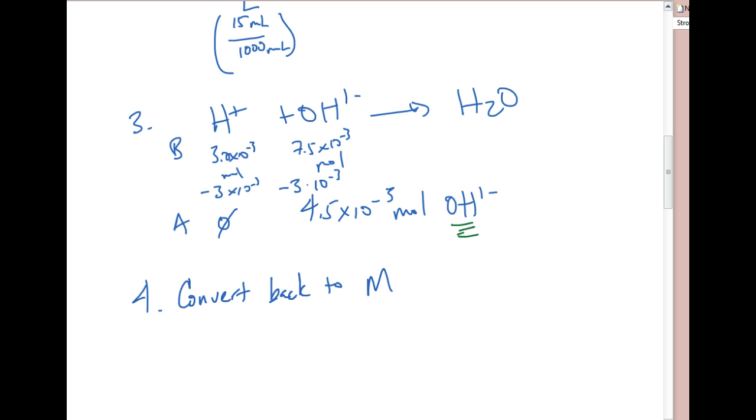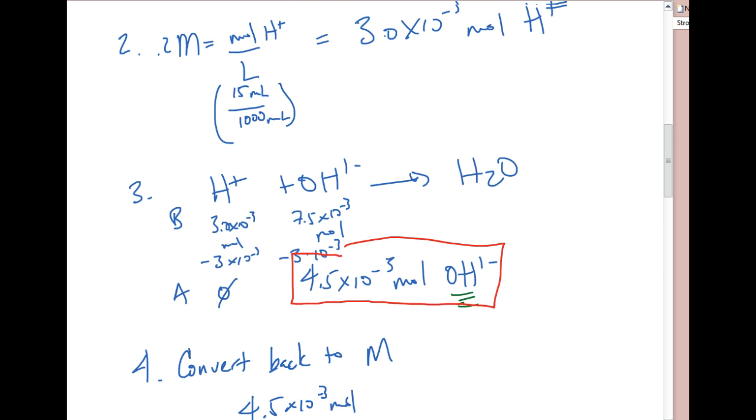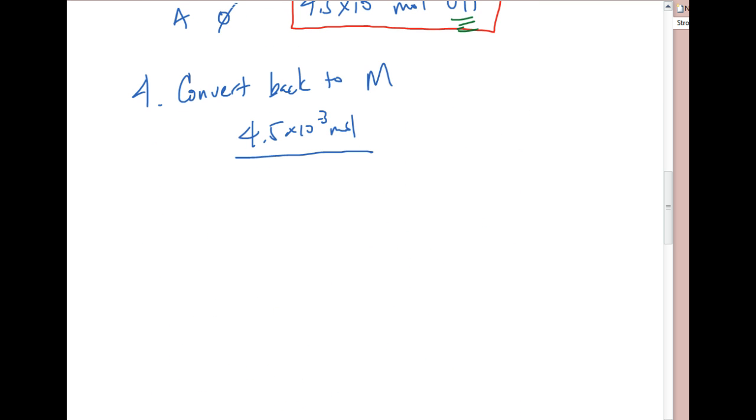I take the moles of hydroxide left over, 4.5 times 10 to the -3 moles, and divide by the total volume. We had 15 mils and 75 mils added together, for a total of 90 mils, which we divide by 1,000 to convert to liters. Remember, molarity is moles over liter.